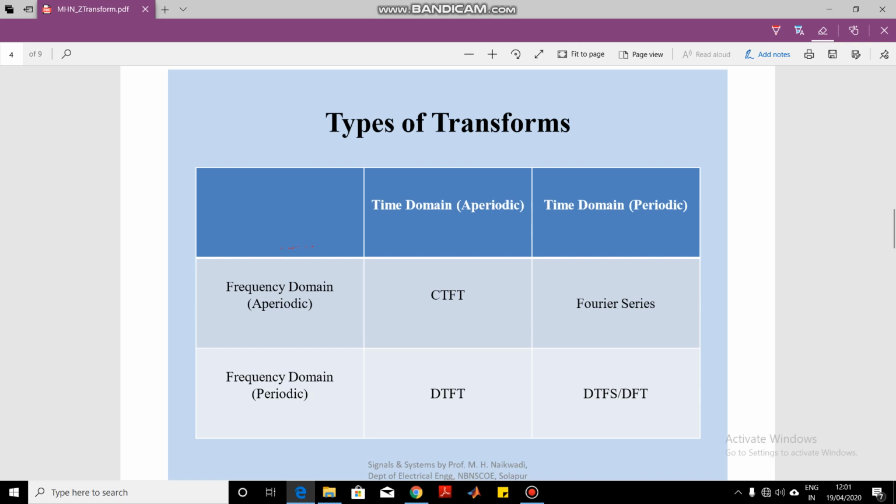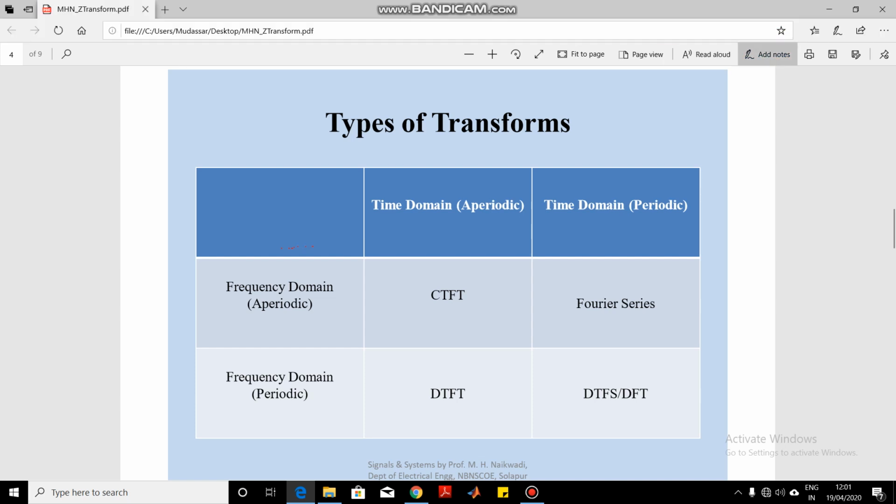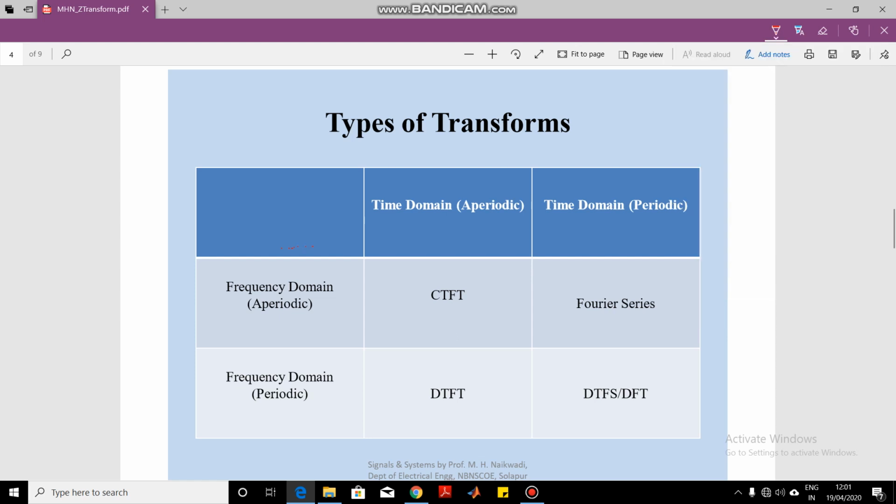Depending upon whether the signal is continuous time or discrete time, we have what we call the continuous time Fourier series and the discrete time Fourier series. So these two transforms are basically the Fourier series.